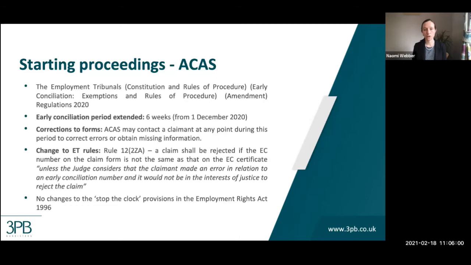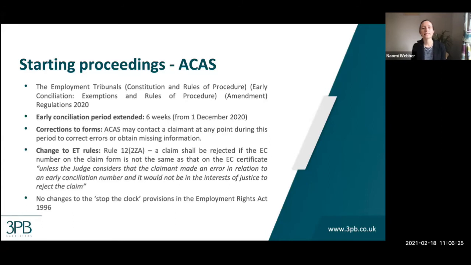Simply the clock is stopped for however long that conciliation period lasts. The second change is in Regulation 19, a small change, but it now allows ACAS to contact a claimant to correct errors or obtain any missing information at any point during the conciliation period, of course now up to 6 weeks.